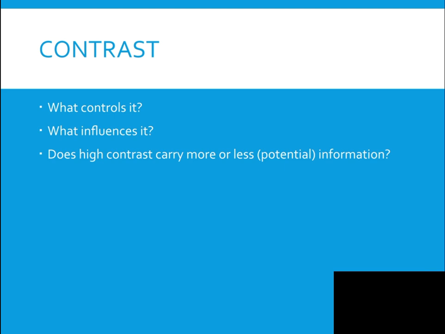So does high contrast carry more or less potential information than low contrast? Well, in a simple, single, concise word, low contrast carries more potential information. Now, the reason for that is the higher the KVP that you have, the more tissue types that you can penetrate, the more likely you are to be able to visualize that contrast.